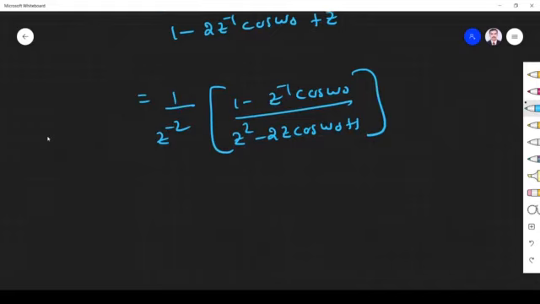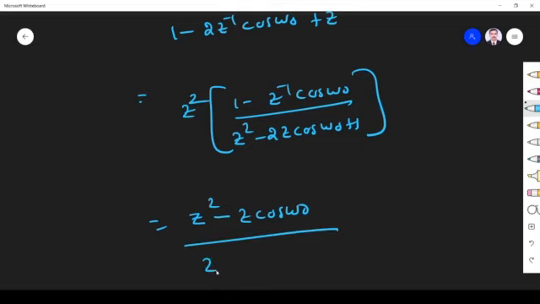So 1 by z power minus 2 is nothing but z squared, so it will be z squared multiplied with this. Bring it inside: z squared minus z cos omega naught divided by z squared minus 2z cos omega naught plus 1.